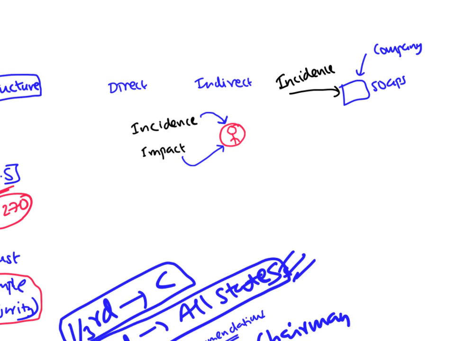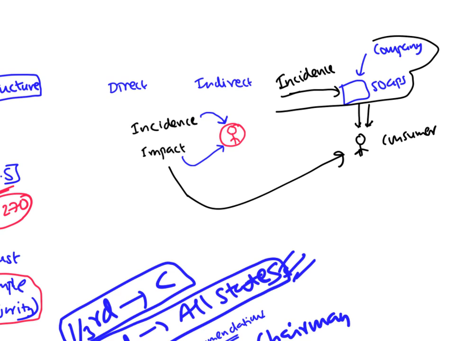But the impact of the increase on the tax of the soap will fall definitely on the person using it, the end consumer. Are you getting it? So impact is on the consumer, incidence is on the soap. So the incidence of tax on soap is indirectly impacting the consumer, and that is the reason we call it indirect tax. So GST is a tax on different goods and services that we use.